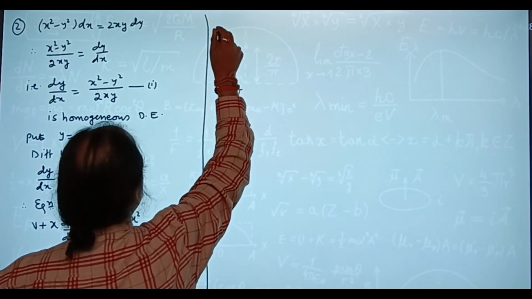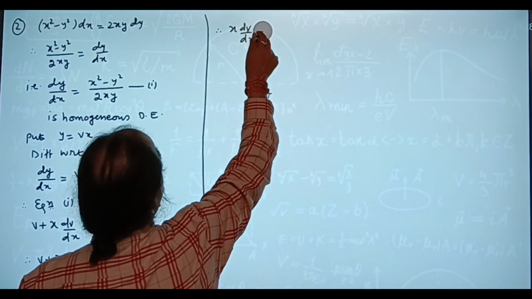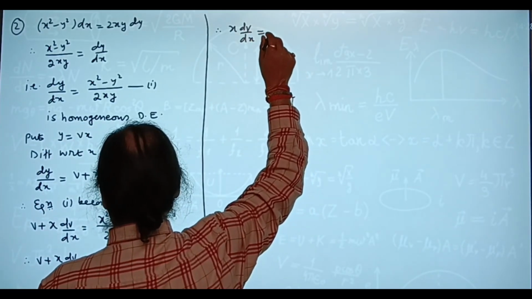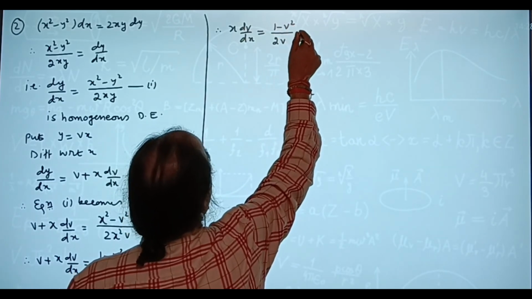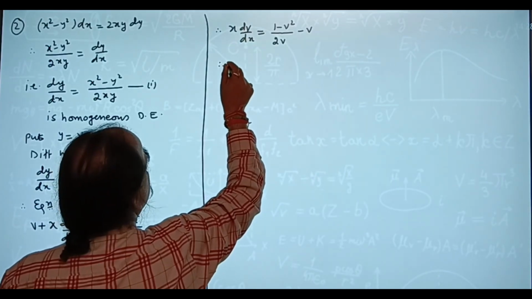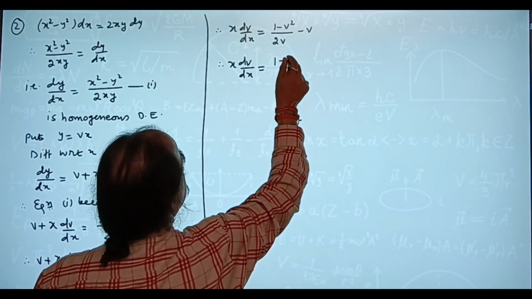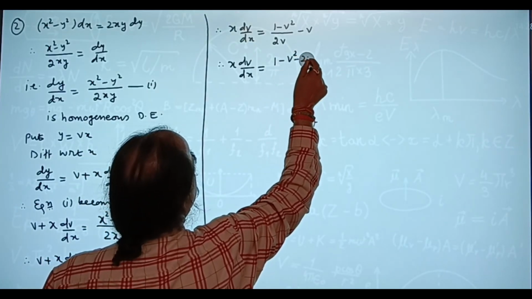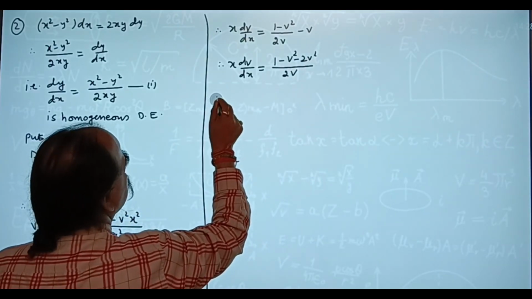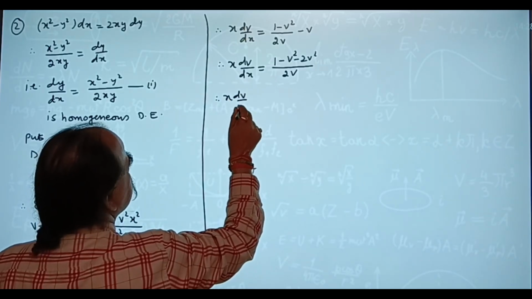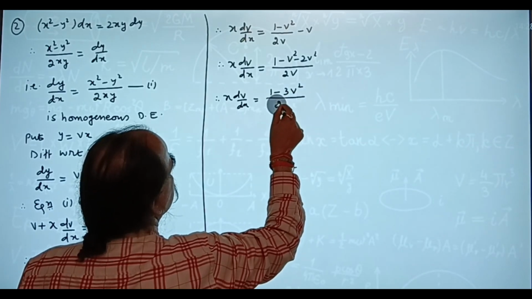Therefore, x dv by dx is equal to 1 minus v square upon 2v minus v. x dv by dx is equal to 1 minus v square minus 2v square upon 2v. x dv by dx is equal to 1 minus 3v square upon 2v.